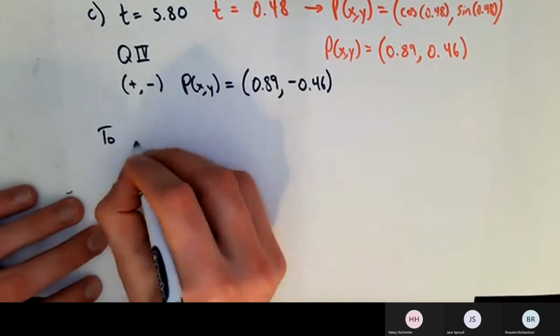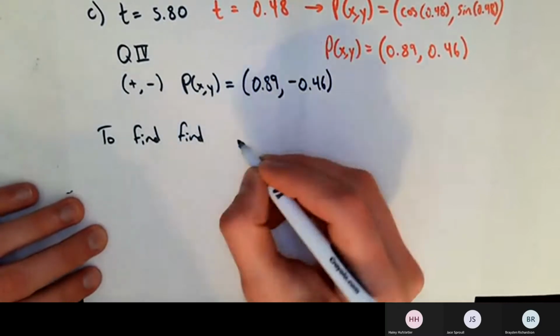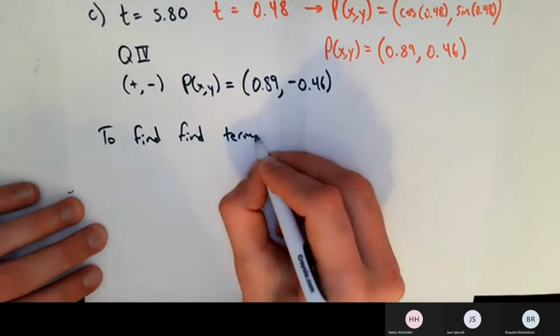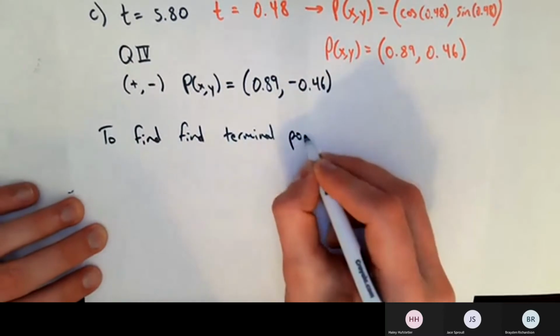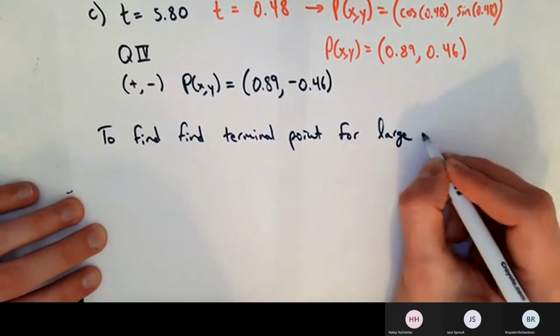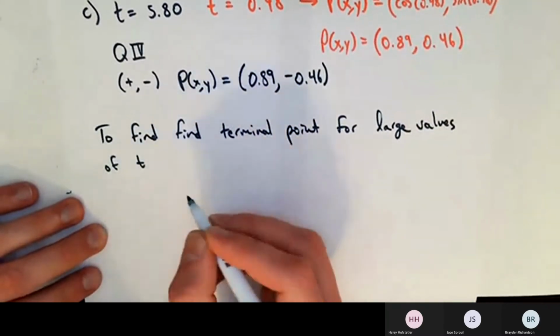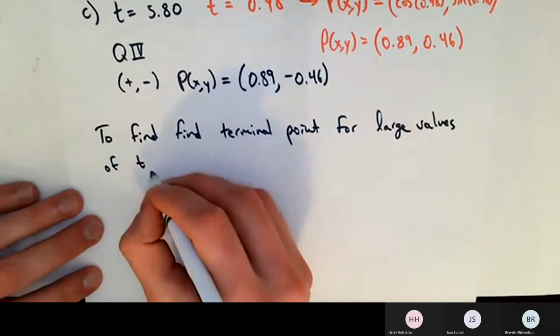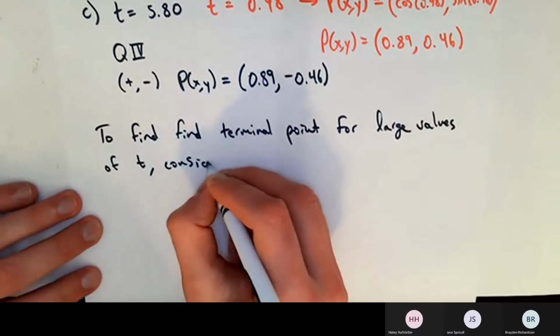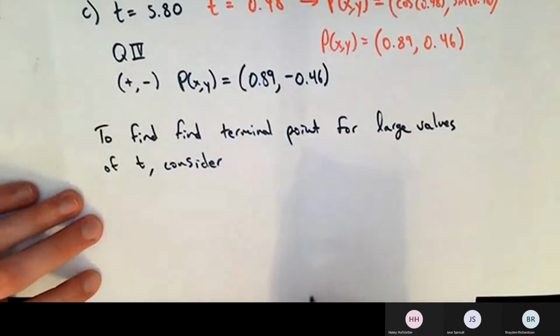All right, here's one last note and example for this section. To find the terminal point for large values of t, when I say large, I mean bigger than 2 pi, bigger than a full revolution.